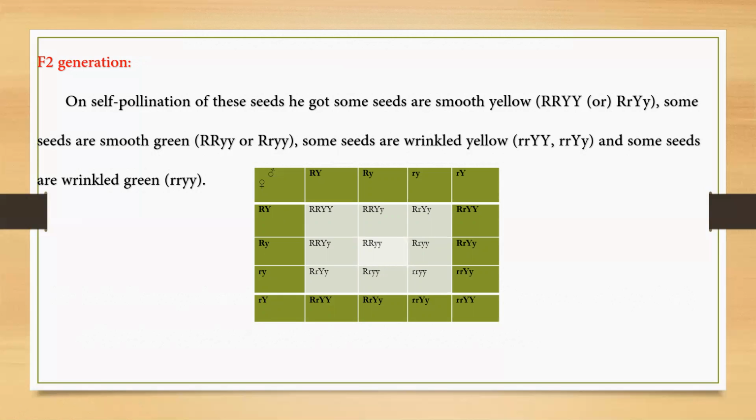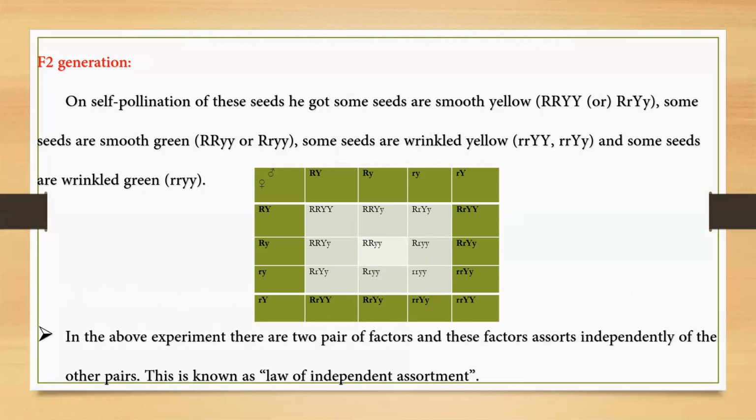While performing self-pollination, he chose both hybrid offspring as parents. The other parent can also form gametes like capital R, capital Y; capital R, small y; and small r, capital Y. In the process of fertilization, we get a pair of characters.